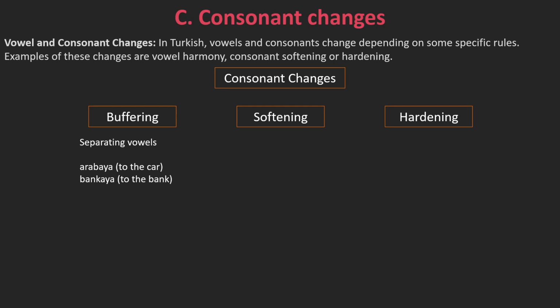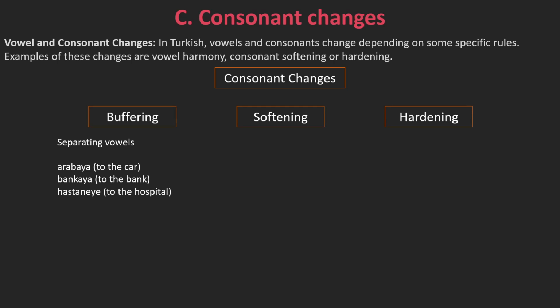Again, we have banka, there's a at the end, it's a vowel, and after a you need to add two-way vowel harmony, and you need to separate them with the buffer, bankaya. Okay. Hastaneye, yes, thank you. Hastaneye, to the hospital. Hastane means hospital. So when you need to say to the hospital, you should say hastaneye.